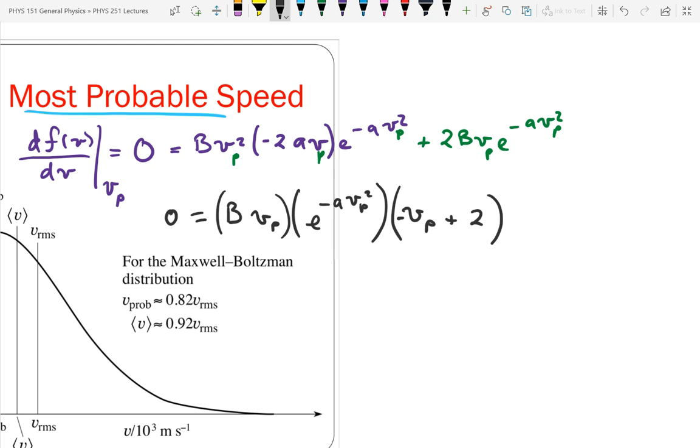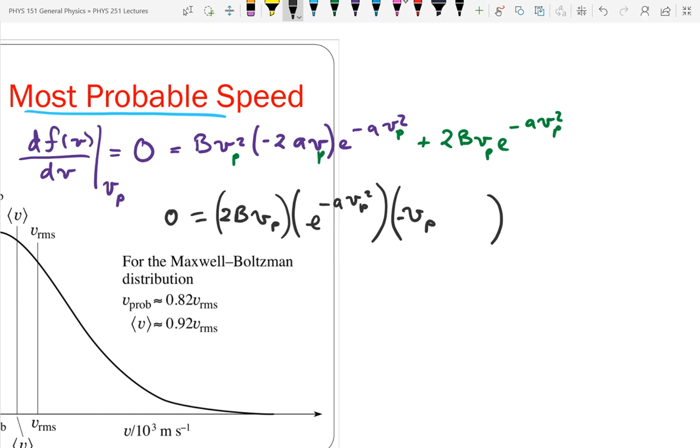There's an A. No, I did not. There's a 2 in both of them, so I should have factored the 2 out up here because it's in everything. And so I have a minus A v probable, and then plus B. I factored, so yeah, let me color code things.